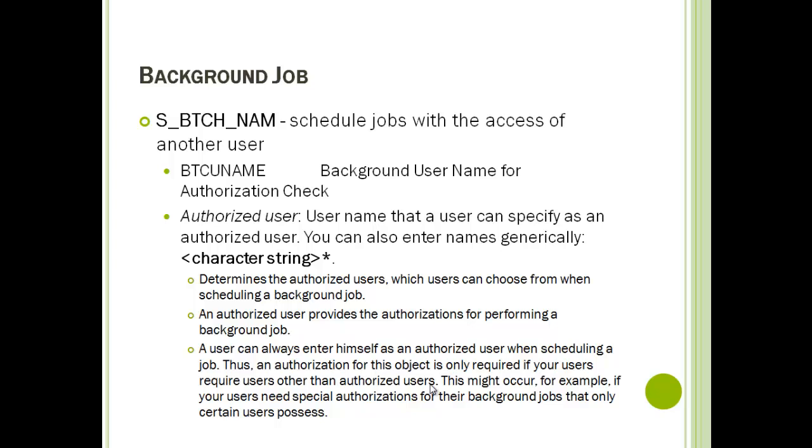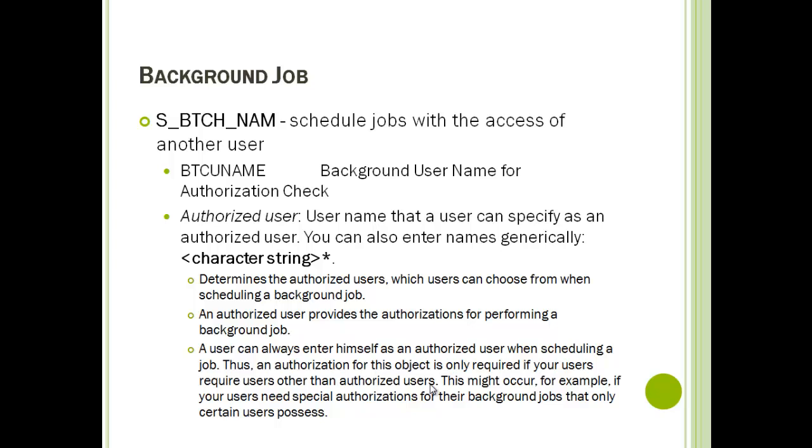The field which is used here is BTCUNAME, that is background username for authorization check. BTC_USERNAME, it's called authorized user. You can also use the users using generic names, like using the star. Let's say you have some starting string, for example what we have seen during our job monitoring, SEC_, then we put star.